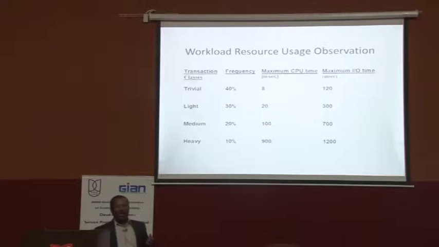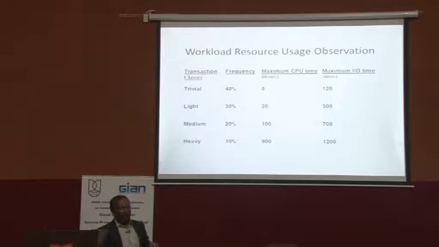Okay, so most of the time people only look at the CPU, but applications also need other resources. In fact, if you only look at this resource, there are some applications, if you see this one, for example, the first one, 40%, you can even assume that they don't even use CPU, right?